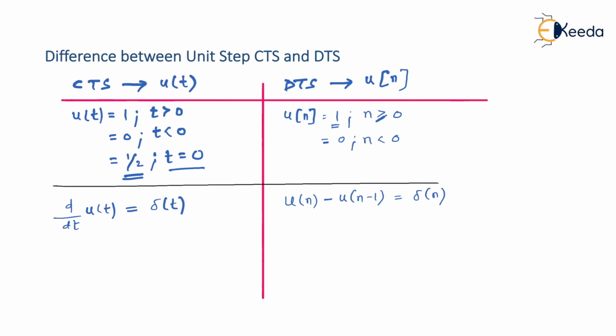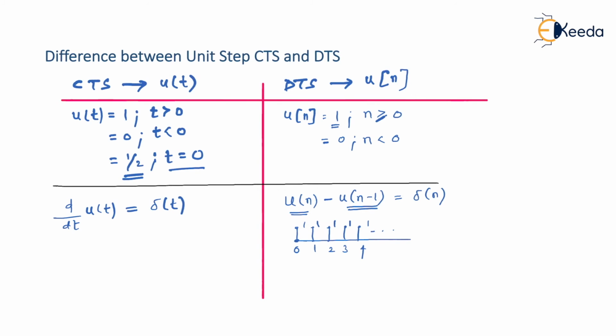In fact, I can show you how this has come. So u of n, you know that it is a signal having amplitude always equal to 1, from n equal to 0, n equal to 1, n equal to 2, n equal to 3, n equal to 4, and so on. So this amplitude is always 1. This is u of n. Let me represent u of n minus 1.